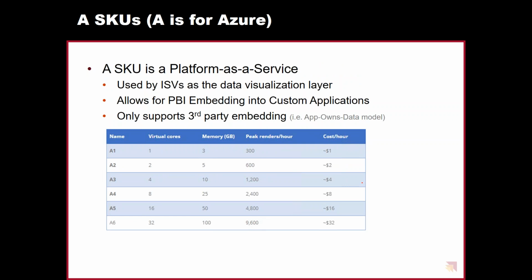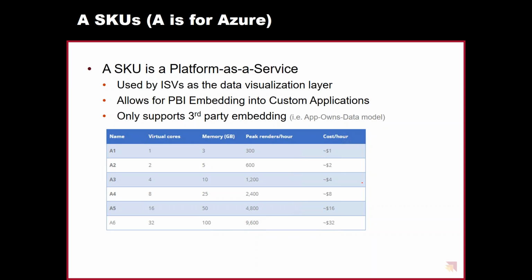Okay, now, finally, we get to the A SKUs. So A is for Azure, obviously, and it's an entire platform as a service application. So with the A SKUs, you can't use first-party embedding. The only thing you can do is use that master account and have unknown users inside there. So for ISVs, typically it's exactly what they want.